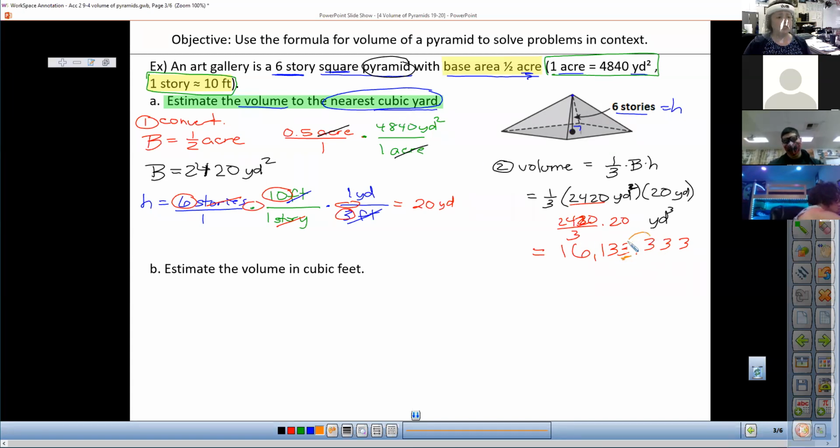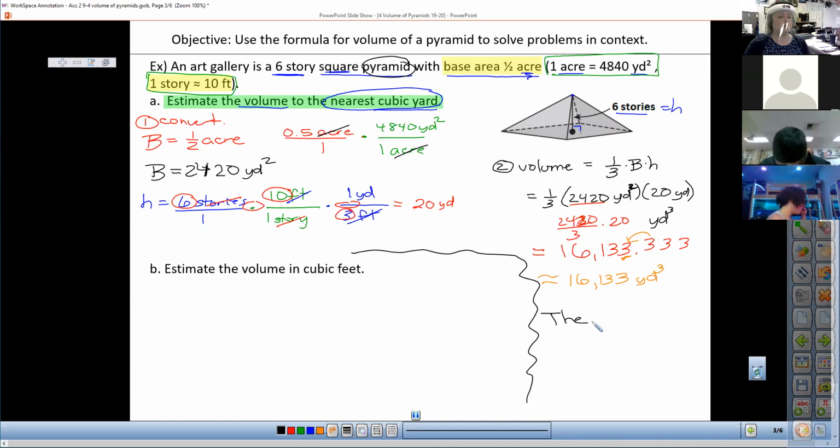So this 3 tells us that the previous 3 in the ones place stays at 3. So this is about 16,133 cubic yards.